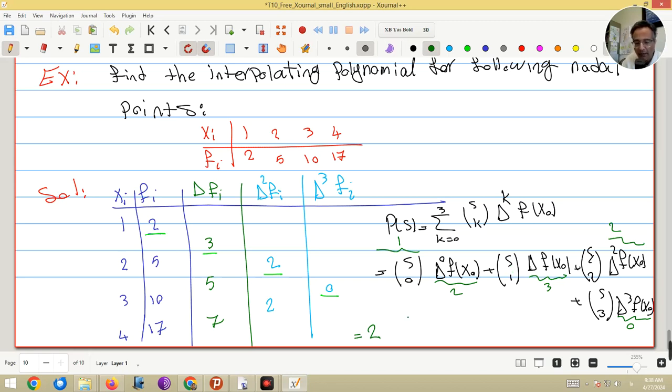So 3s appears here, and here I have plus 2, and here combination 2 of s is s times s minus 1 over 2 factorial.